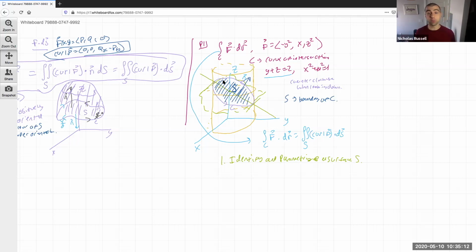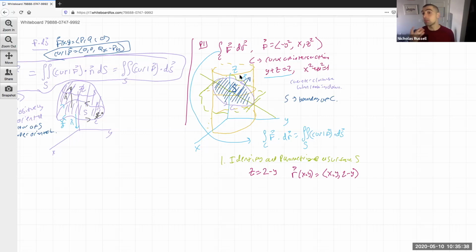One really quick way to parameterize this is to write the plane as z equals 2 minus y. So realistically, you could do something like r of x, y equals x, y, 2 minus y. I think it's a pretty simple parameterization.